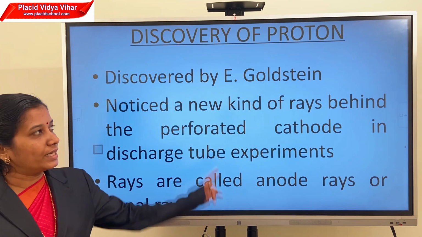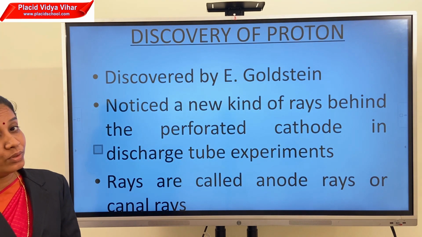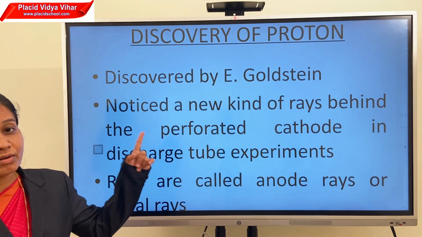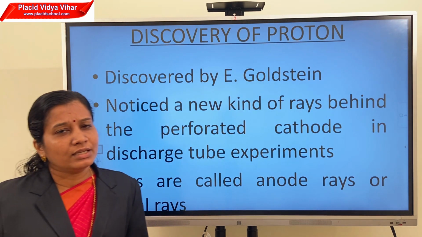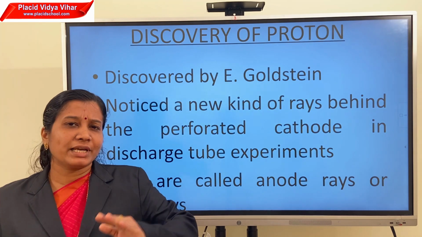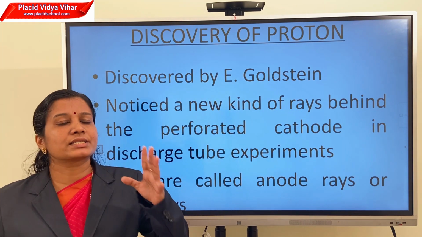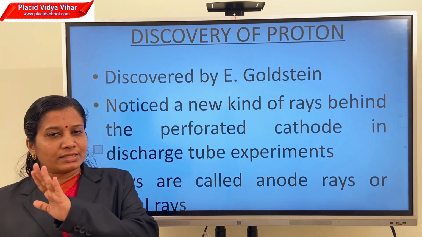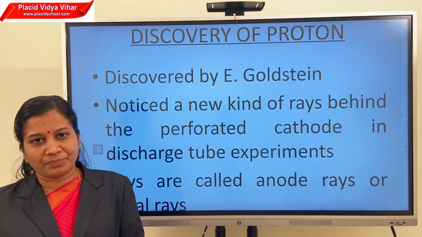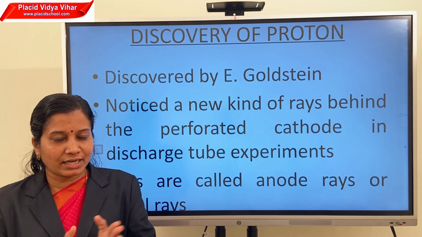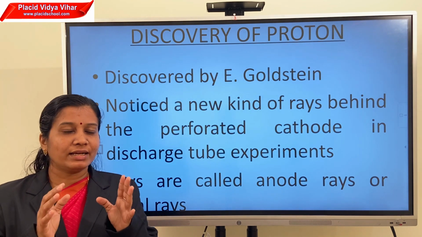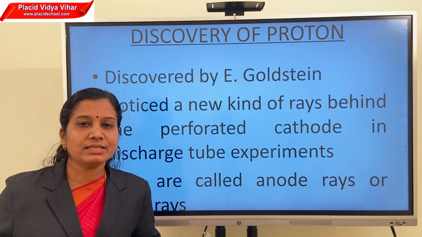Okay. You can see here, the proton was discovered by E. Goldstein. And we also see the same experimental setup for this discovery of the proton, the same discharge tube experiment. The cylindrical glass tube, inside that we are filling some gases.